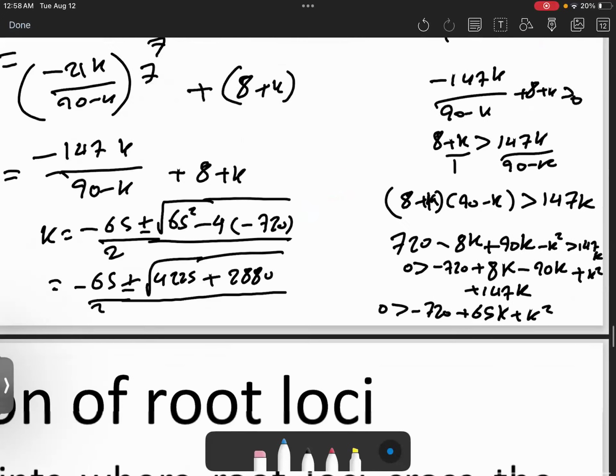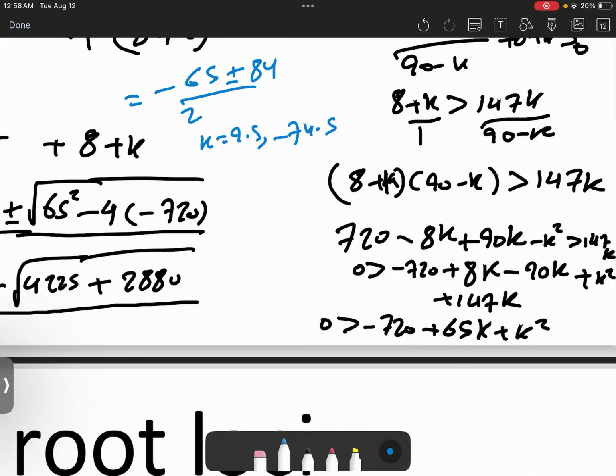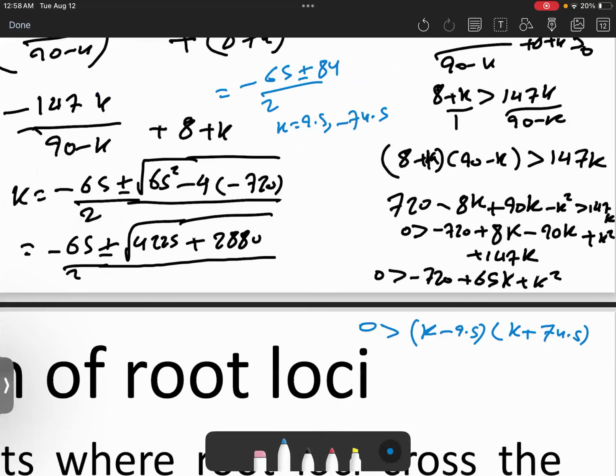Then as a result, I can write the factors here: k minus 9.5, then the other, k plus 74.5, all of them less than 0. We can take the first half, then the second half. k minus 9.5 less than 0, therefore k will be less than 9.5. That's one condition.